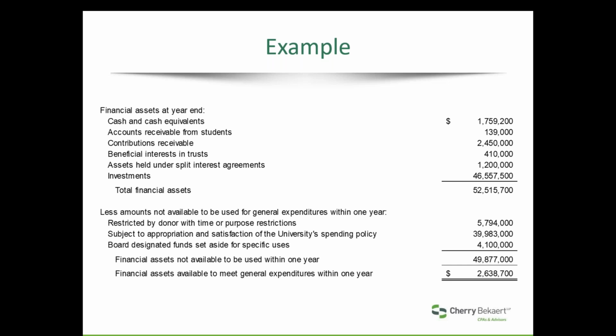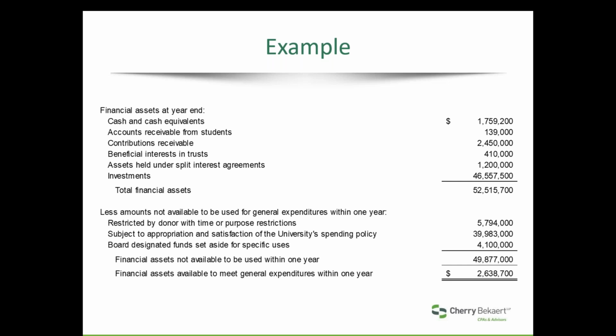This example here is using a gross presentation method, which means it begins with your financial assets at the top, and then it backs out amounts that are not available for use within 1 year. Your financial assets include cash and cash equivalents, accounts receivable from students, contributions receivable, beneficial interest in trusts, assets held under split interest agreements, and investments.